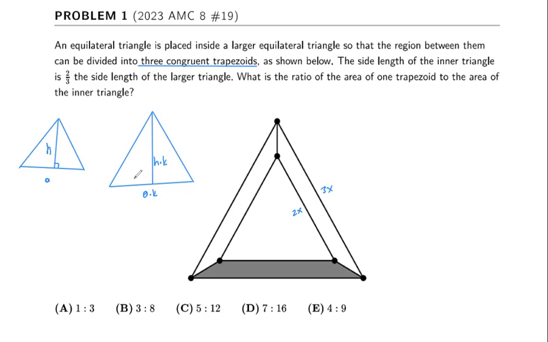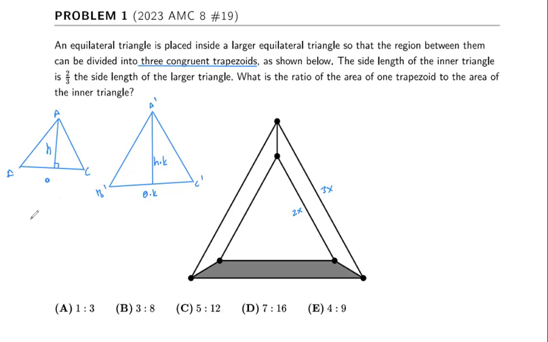What I'm trying to do is find 2 similar triangles so I can see how their areas are related. If I name this A, B, C, this is called A prime, B prime, C prime.